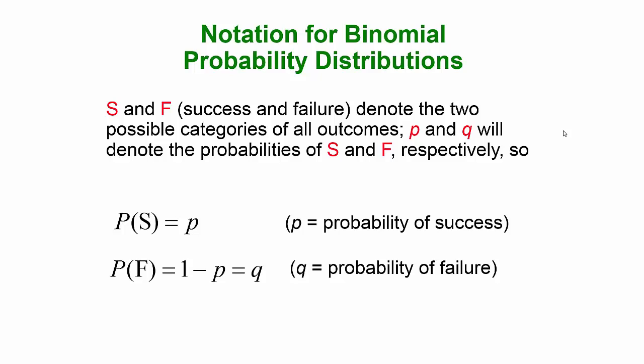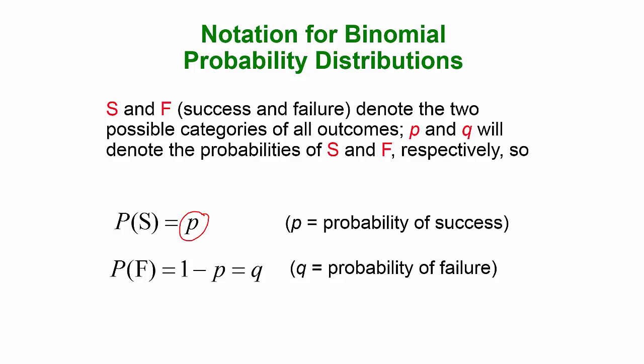Here's some notation for probability distributions. Capital S and capital F represent a success and failure. These denote the two possible categories of all outcomes. Lowercase p and lowercase q will denote the probabilities of a success or a failure. So, P of S is equal to p, where lowercase p is the probability of a success.